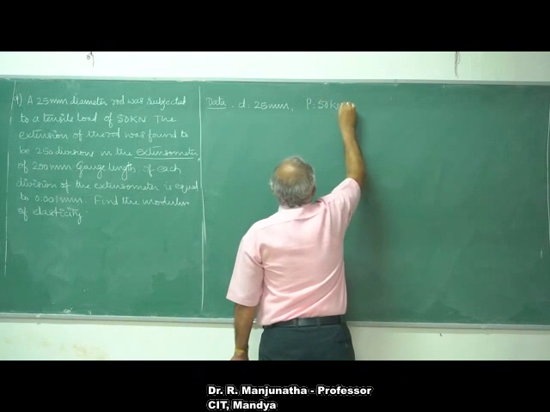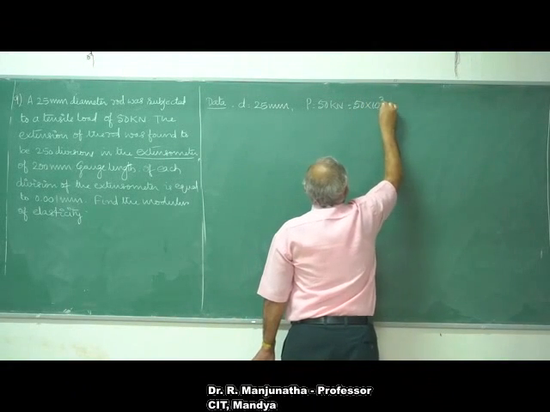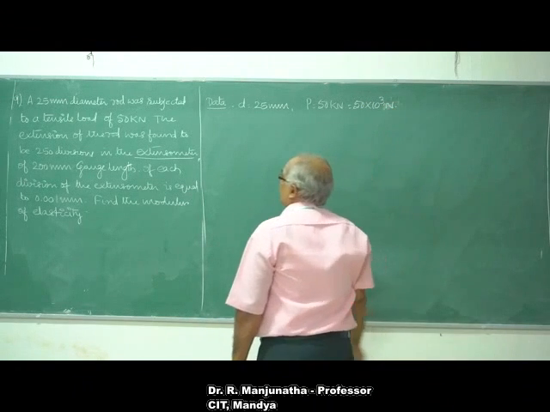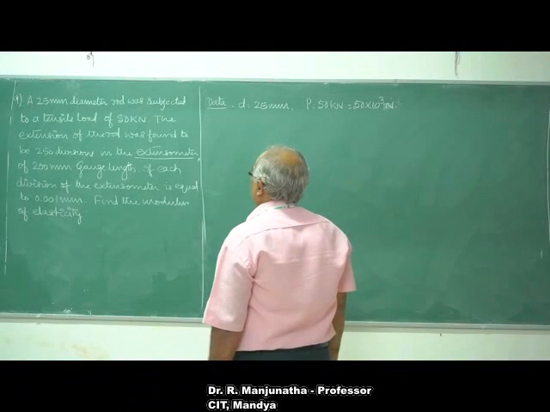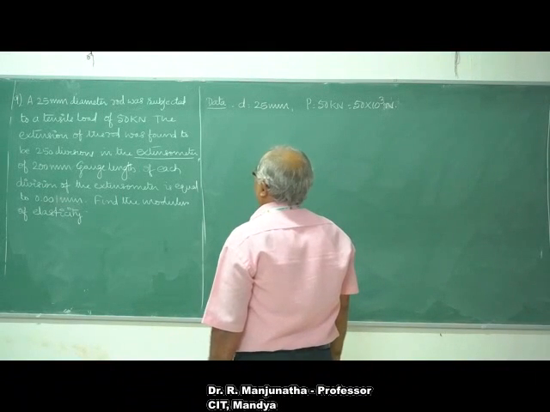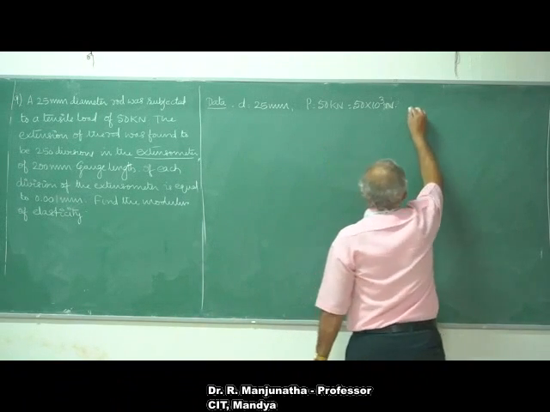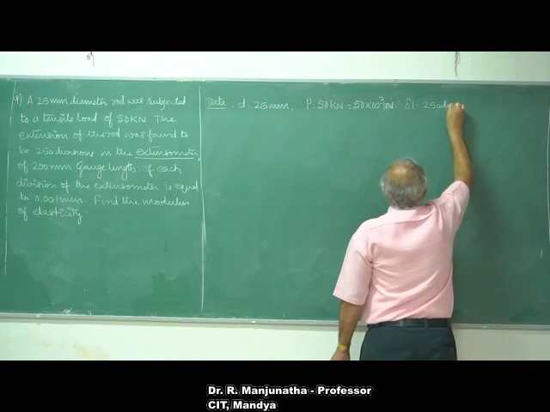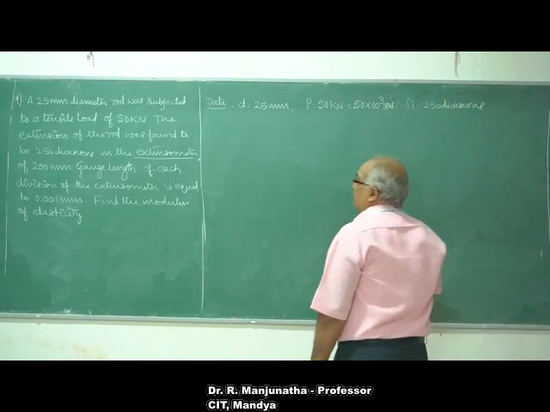Convert this into Newton, which is 50 into 10 to the power of 3 Newton. The extension of the rod was found to be 250 divisions in the extensometer. So the extension delta L is 250 divisions on the extensometer.